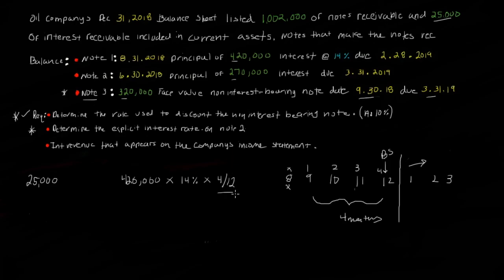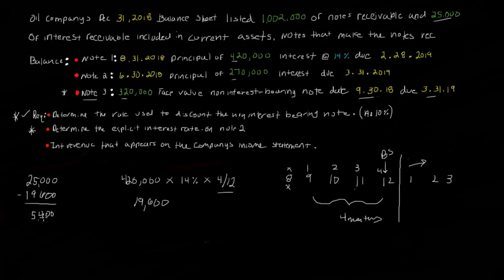So once you do that, you will get $19,600. And we can go ahead and write that over here, 19,600. We're going to do a little subtraction and we will get $5,400.